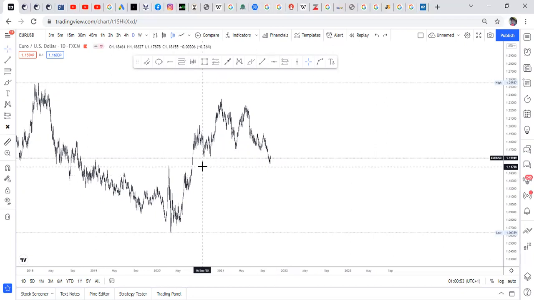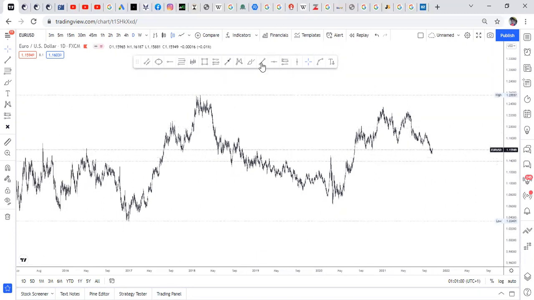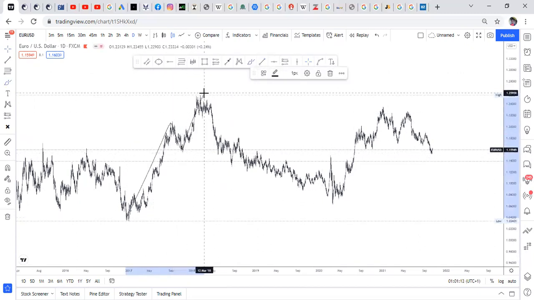So why do trend lines fail? Right here, I'll be placing some trend lines on the chart and we'll begin to see why trend lines fail. Right here, we had this move, and we had this move.